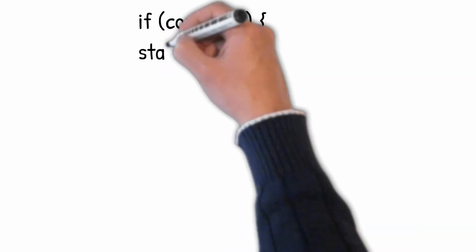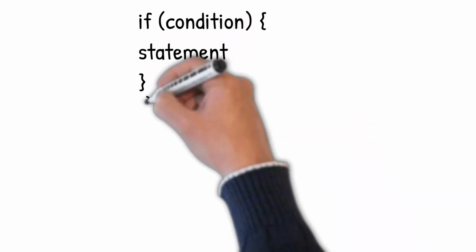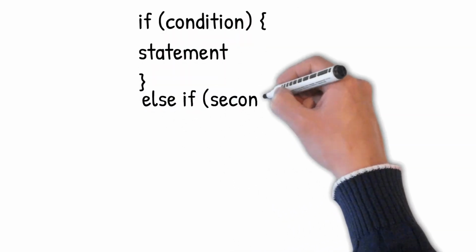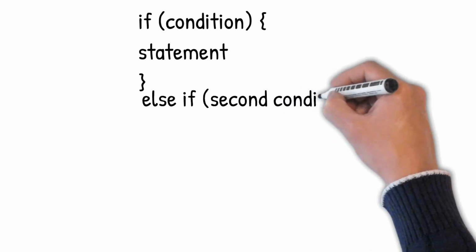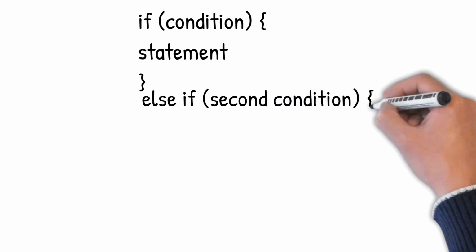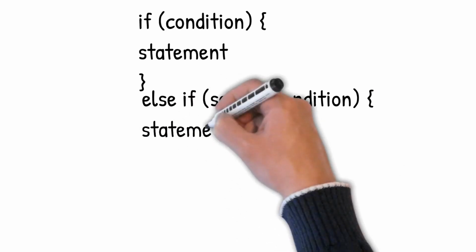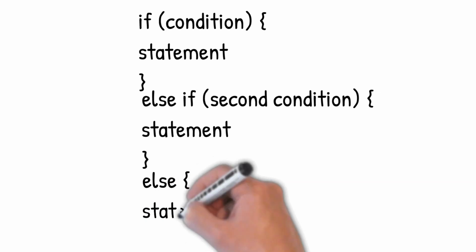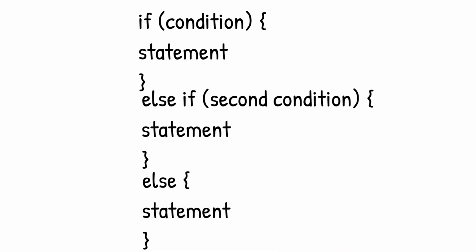Here we have our first condition in the if keyword. So if, and then we put our condition, and if this condition is true, then our first statement under if will be executed. Otherwise, if the first condition is not true, we will go to our second condition, which is in else if, and it will check the second condition.